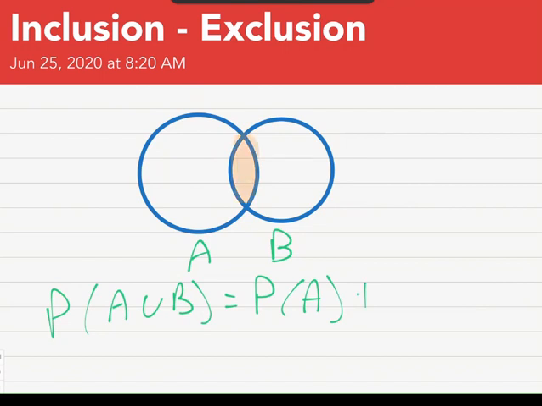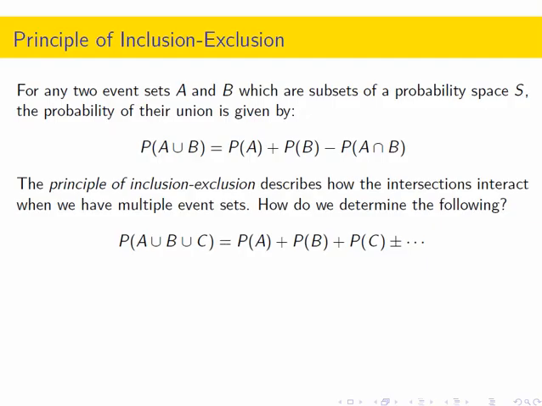And when I take the probability of B, I'm counting this intersection again, right? So it's been counted twice. So that's why we have this subtraction term, minus the probability of A intersect B. Okay, so hopefully that explains the formula.